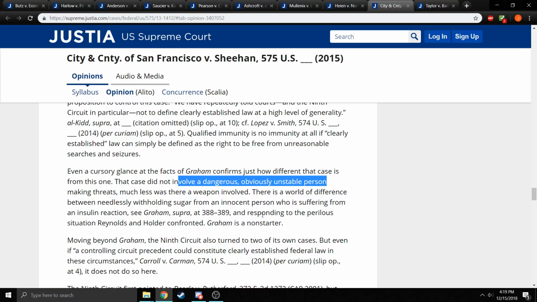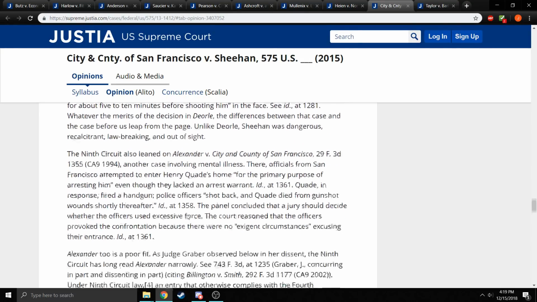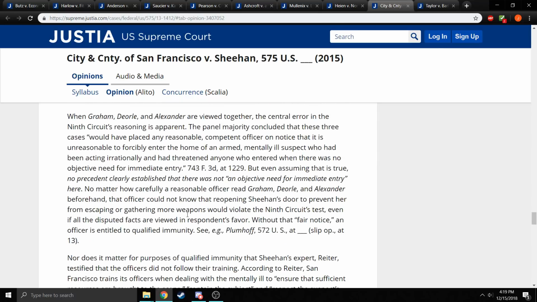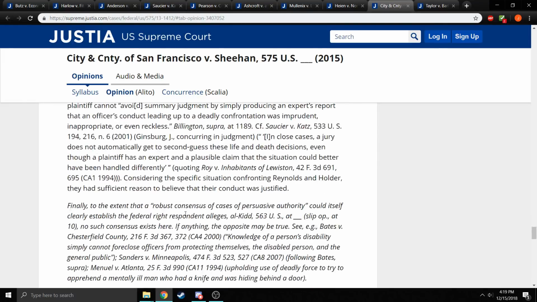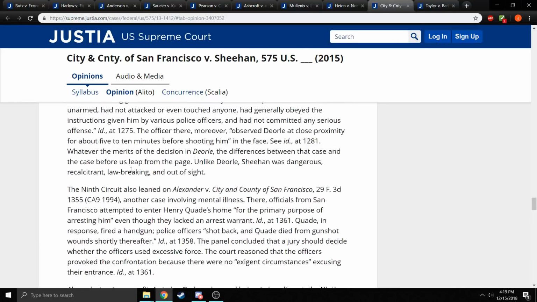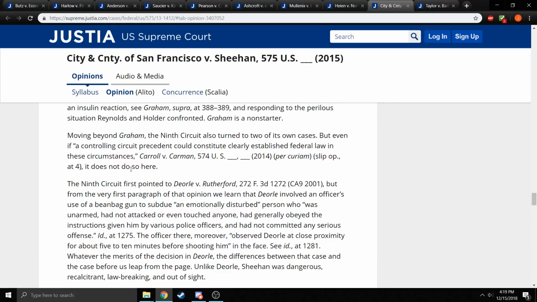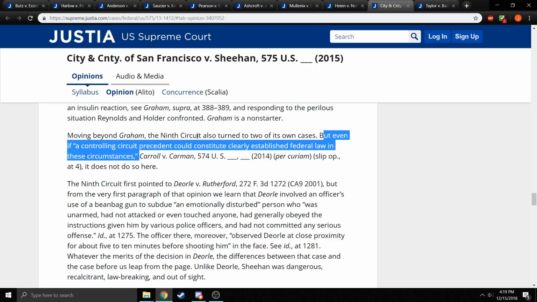It gets worse. And I didn't want that portion of it. But even if, this is where it gets worse. Moving beyond Graham, the Ninth Circuit also turned to two of its own cases. Then it continues.